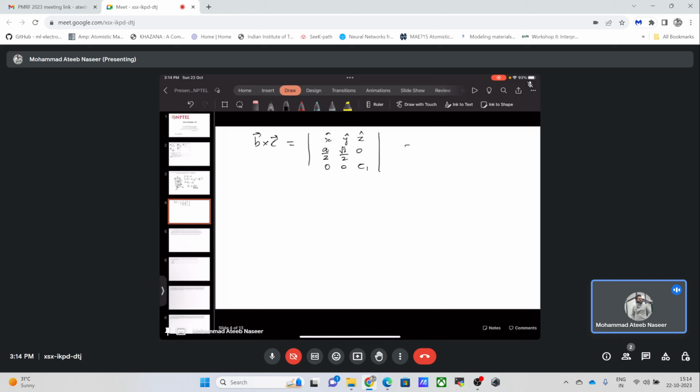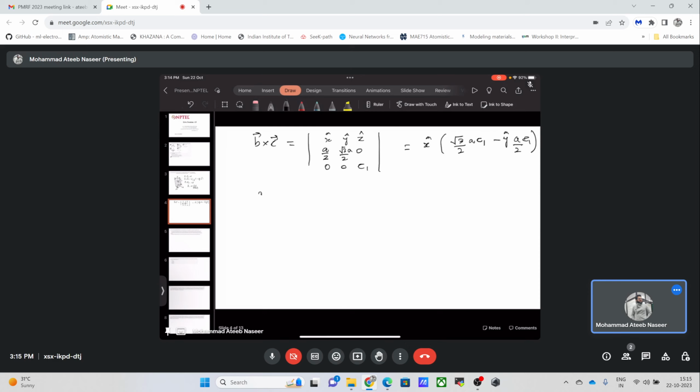From this we can say it's x hat root 3 by 2 a times c1, minus y hat a by 2 c1. For the z hat the component will be 0.